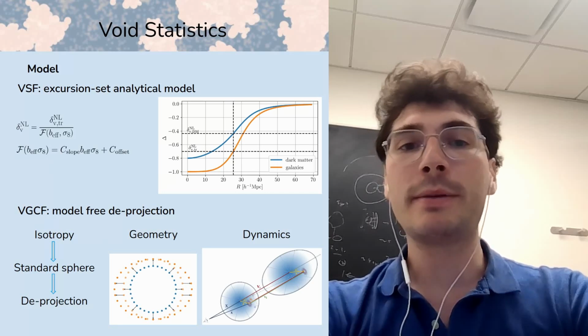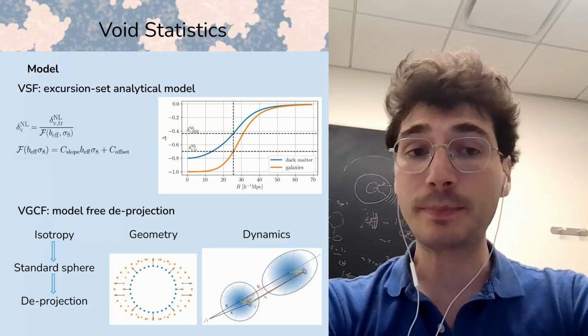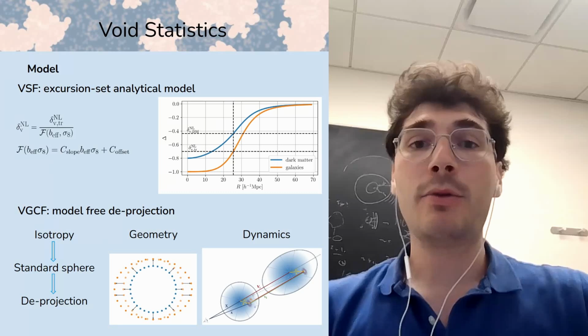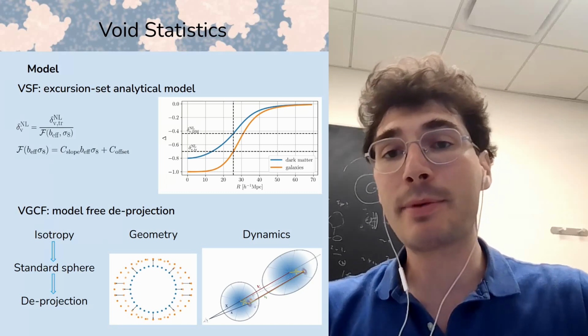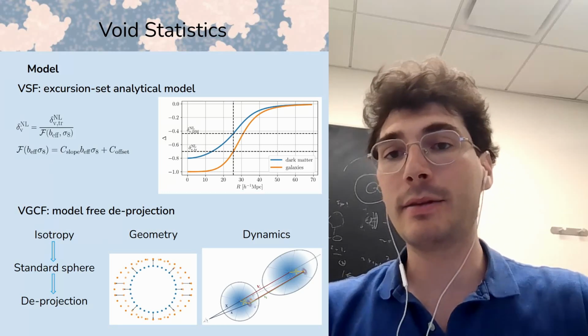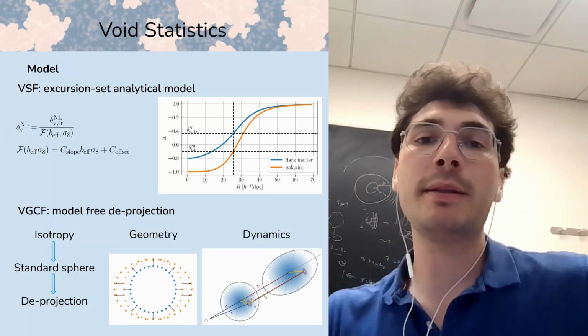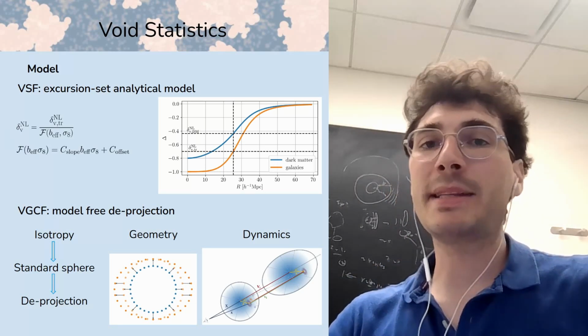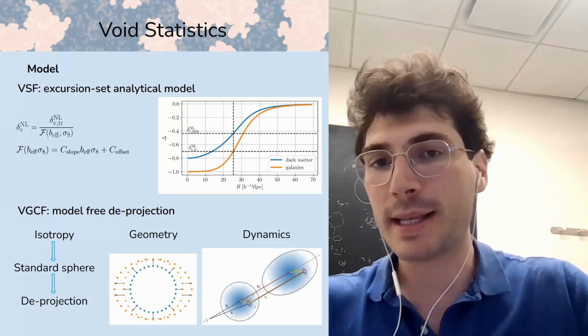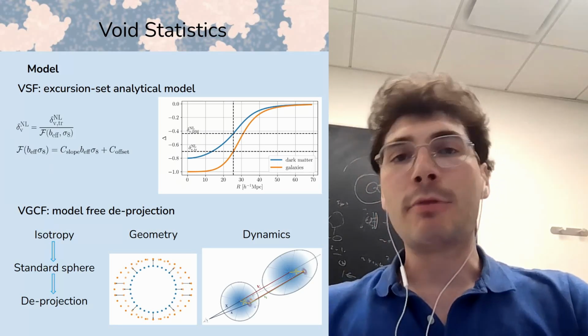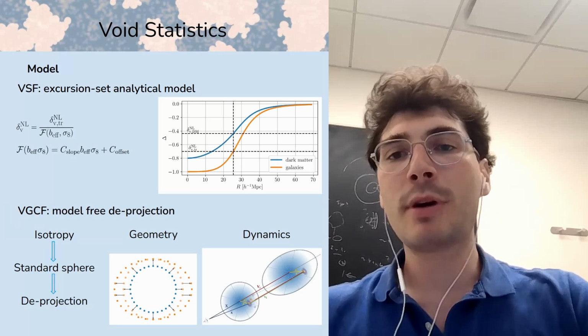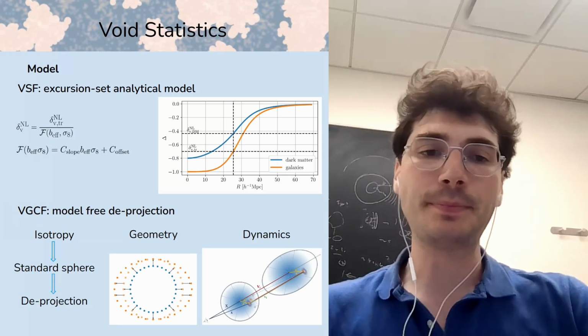For that, we use a parametric expression. However, we do not assume any prior on the parameters of the bias relation in this analysis, and this makes our model not sensitive to the normalization of the power spectrum, which is sigma 8. However, the shape of the void size function allows us to constrain omega matter.